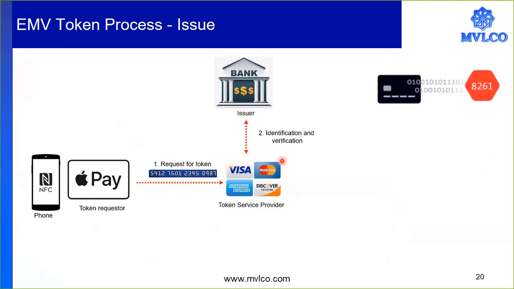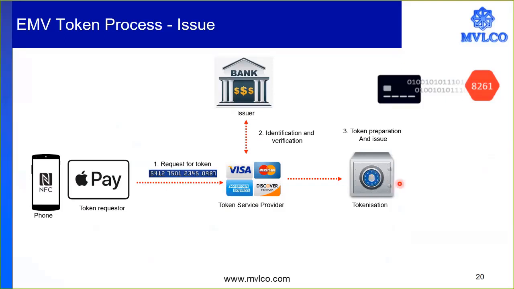Once this identification and verification is done, I would introduce one more entity, the token vault. Now this token vault would have this mapping. It will create a token first, a token number based on the BIN range that has been allocated to that specific issuer or that specific token service provider.